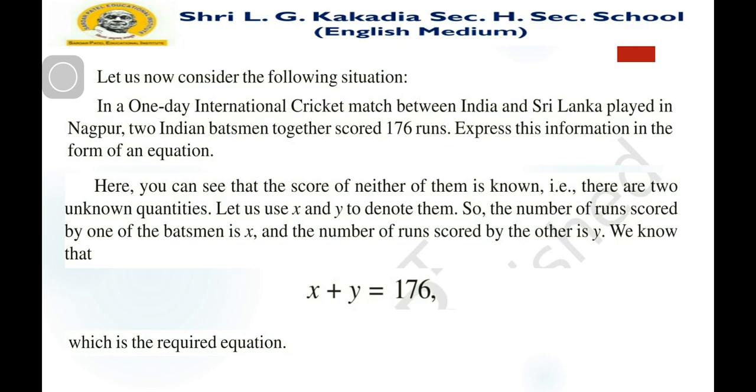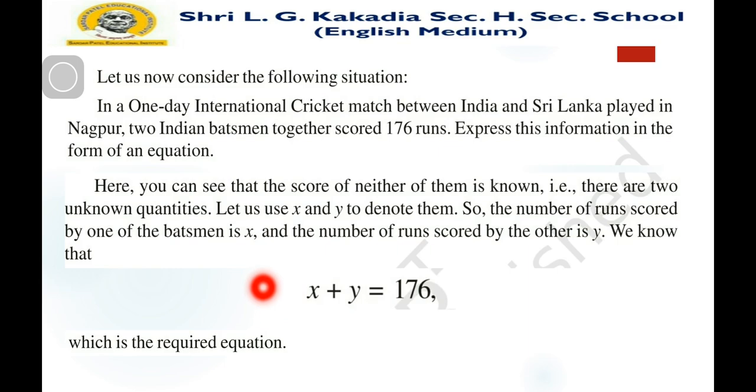So here in this equation you can see that it is a linear equation. Why? As you know, the power of x is 1 and the power of y is 1, meaning both variables have exponent 1. So it is a linear equation, and also you can see it is in two variables, x and y.